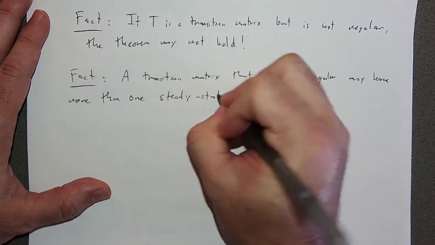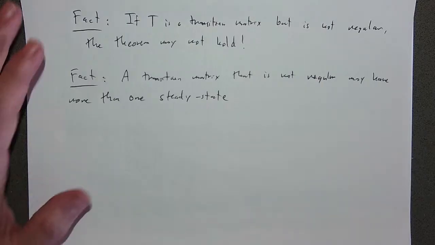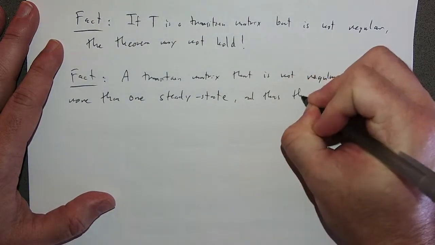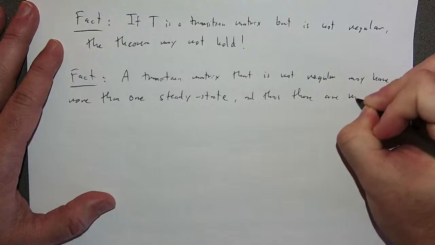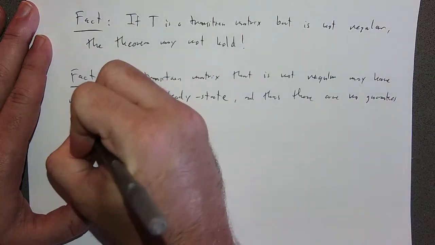I mean, it might not have any, right? It might not have one as an eigenvalue, so it might not have a single one, but it also might have more than one. So it might have more than one steady state vector, and thus there are no guarantees about limiting behavior.